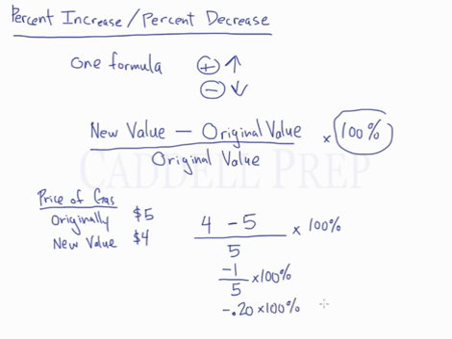And if we multiply that, we get negative 20%. Okay, so there's a 20% change, and it was a negative change, meaning it went down. So we had a 20% decrease.